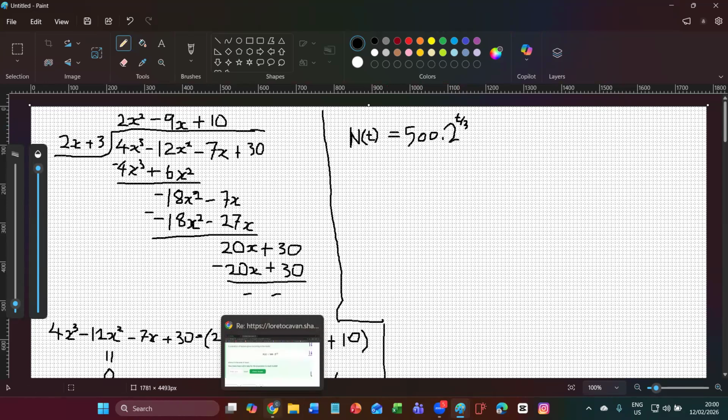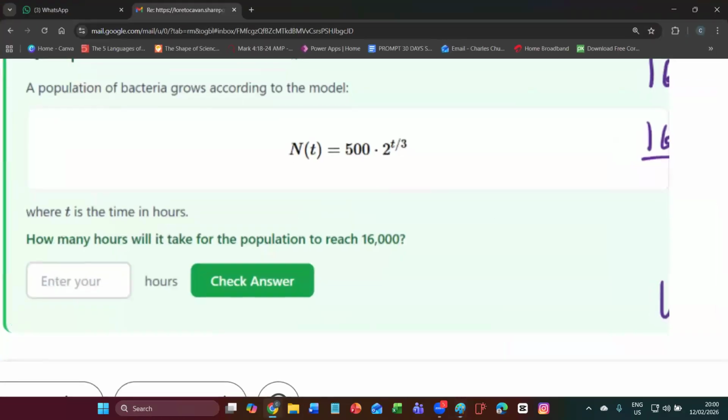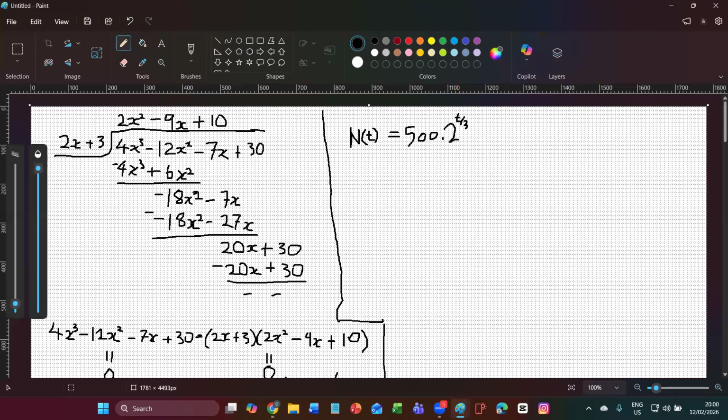Okay, let me just check it one more time to confirm. It says, how many hours will it take for the population to reach 16,000?